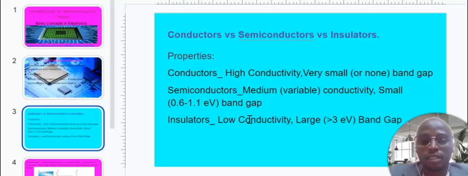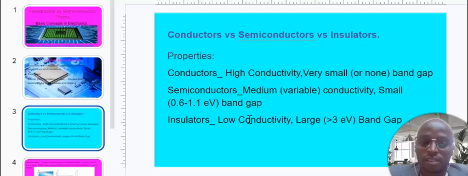In regard to band gap, conductors have a very small or no band gap. This is because the valence band and the conduction band overlap. Semiconductors have a small band gap.